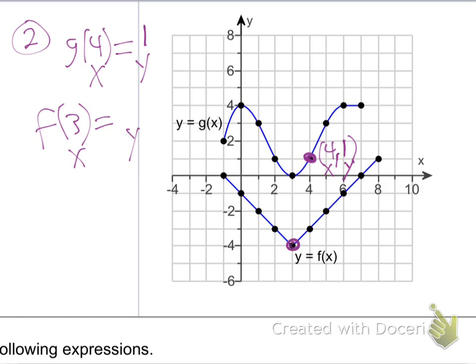Here's the point. This is over 3, down 4. That's the point on the f graph with an x value of 3. X is 3. What's the y? -4. We good? So that's just reminding you how you read function values off a graph.